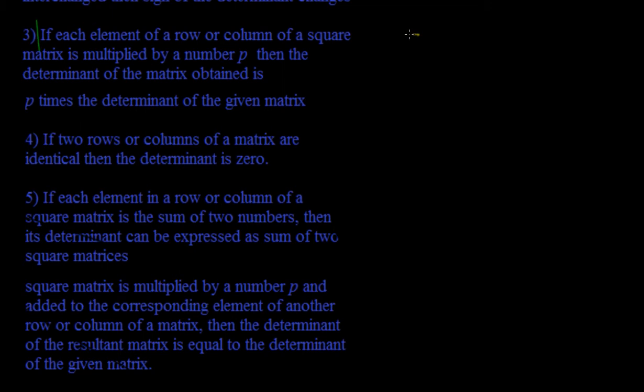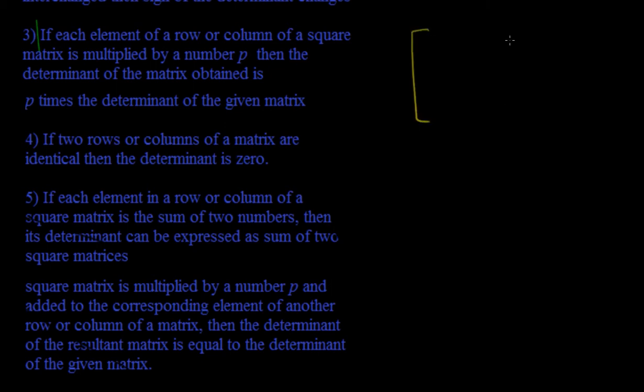Let us say, let's take a matrix. A11, A12, A13. Let us say the second one is also the same, A11, A12, A13, or maybe instead of confusing you, let me take something else.